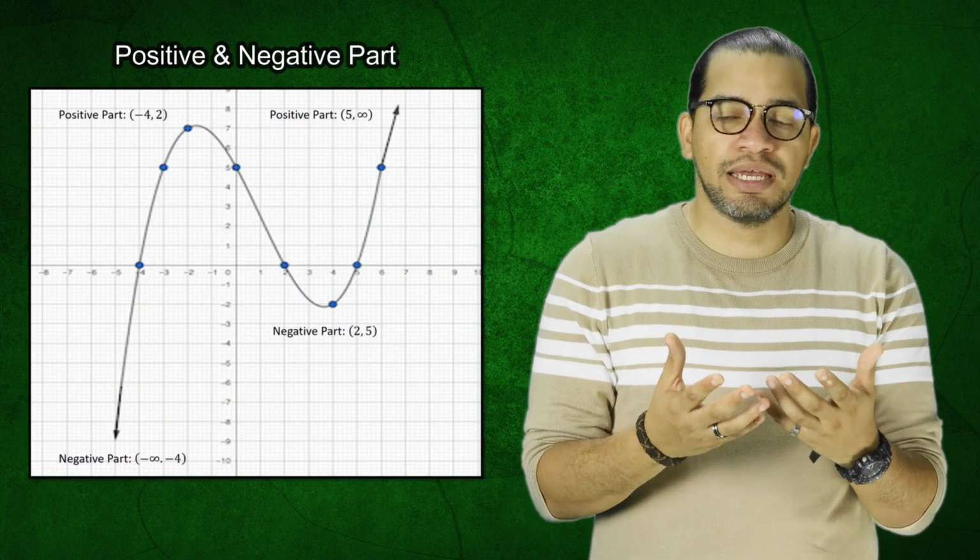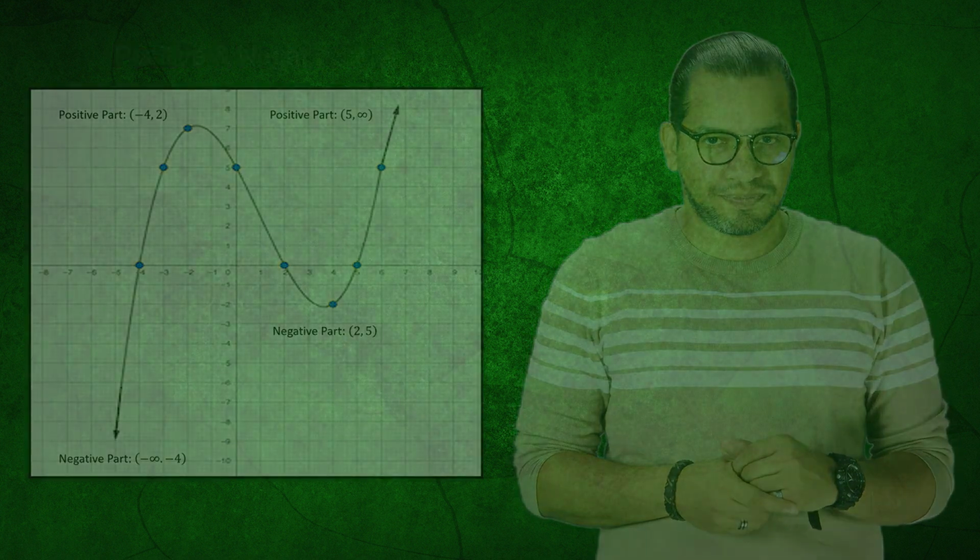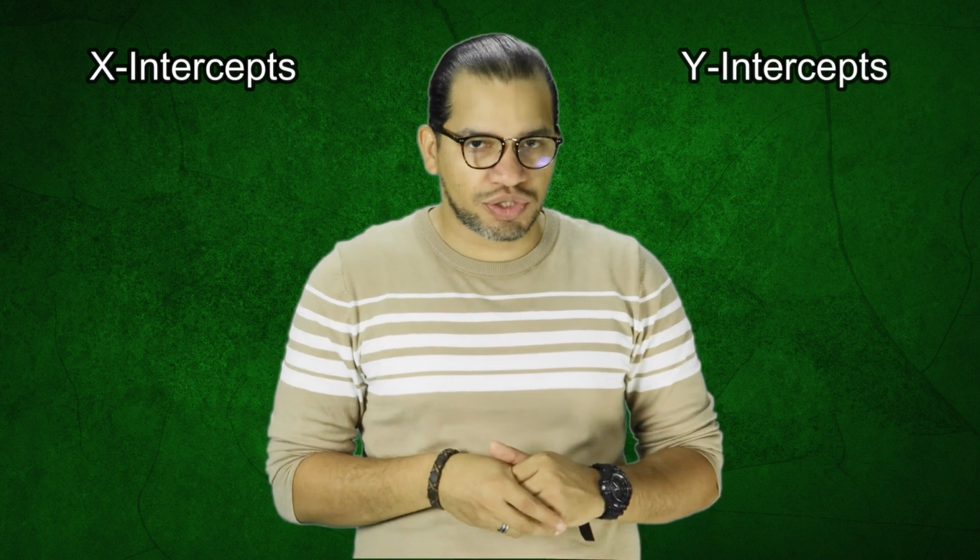And we can have a glance of how they look by checking these graphs. Now, there are some points on a graph that are more remarkable than others and which are going to be really important as we advance in the course. Two of those points are the x-intercepts and the y-intercept.